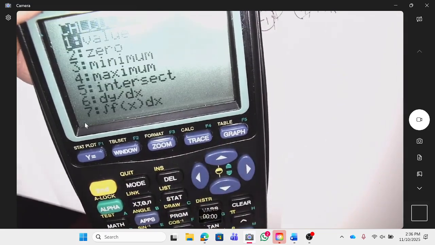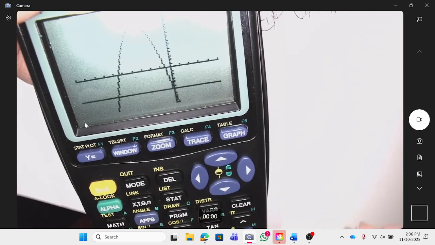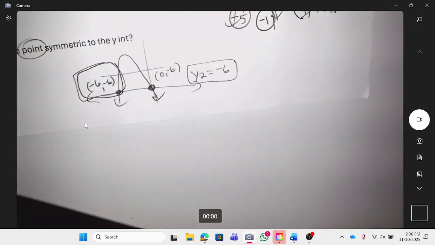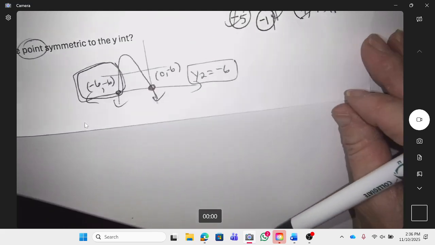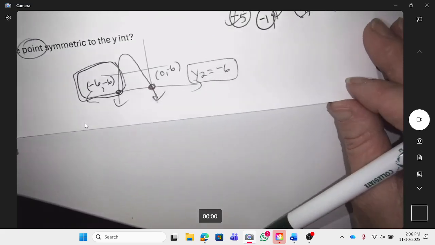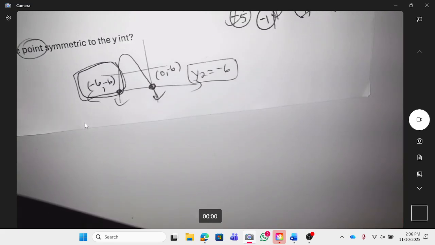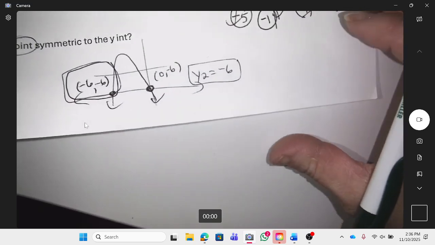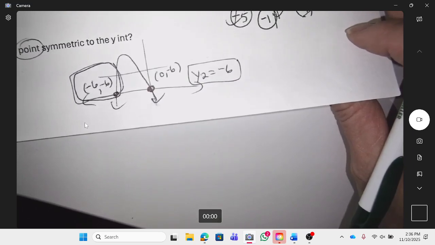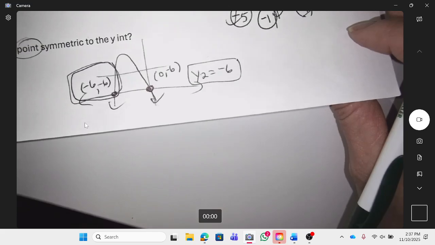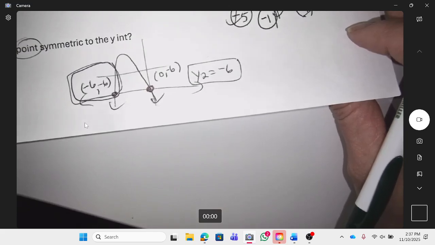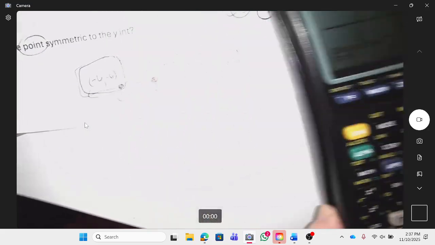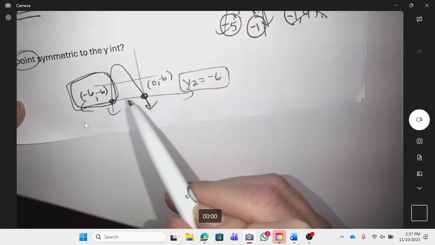Again, making sure your mouse is closer. Okay, -6 was the coordinate, the point where they were meeting up with each other. Okay. So again, where this parabola is hitting this line across.